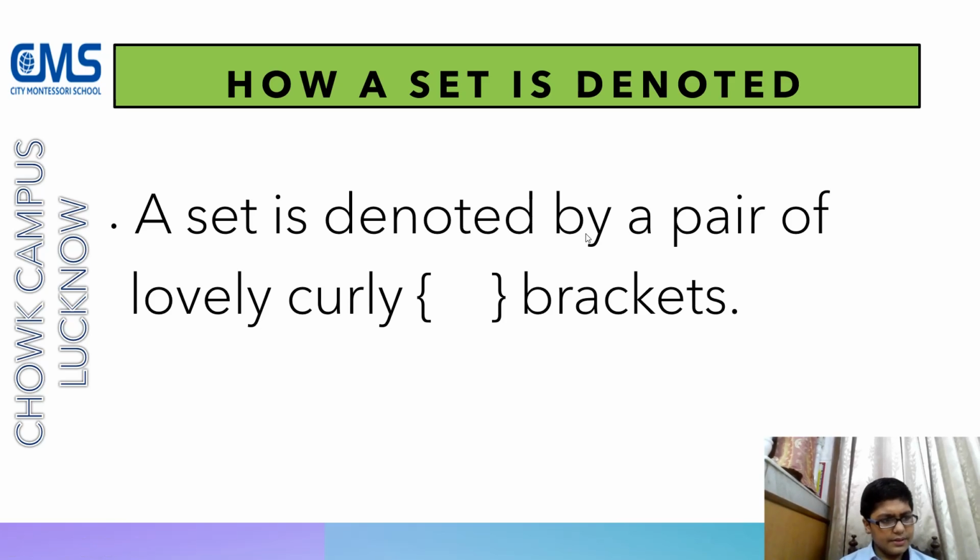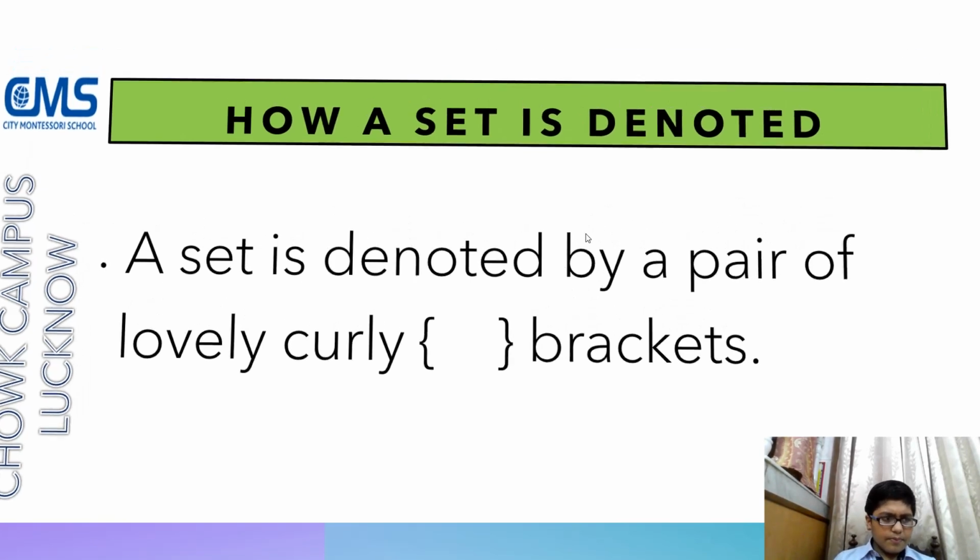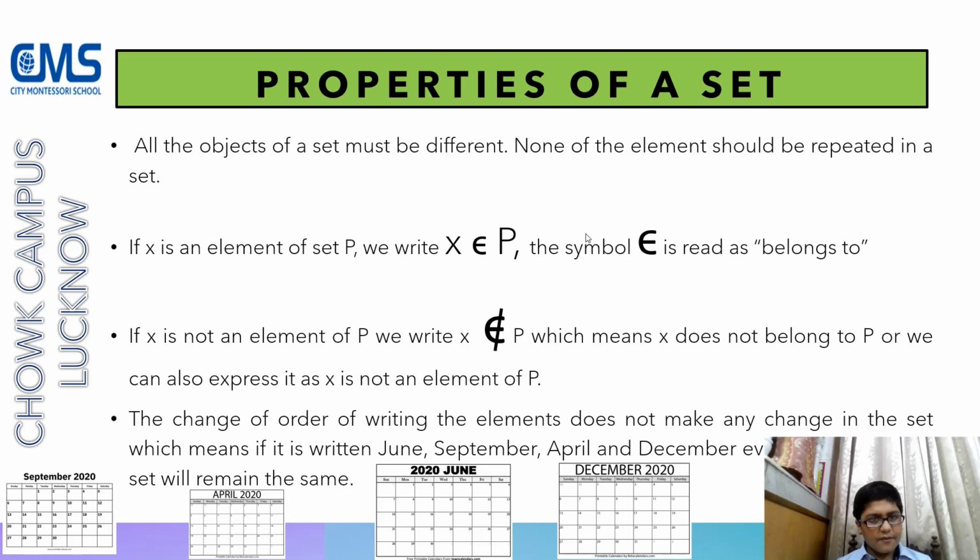Properties of a set. All the objects of a set must be different. None of the elements should be repeated in a set. If x is an element of set P, we write x belongs to P. The symbol epsilon is read as belongs to.